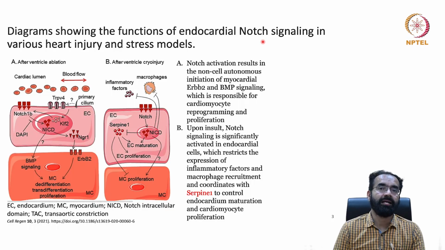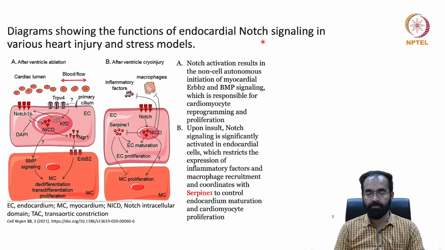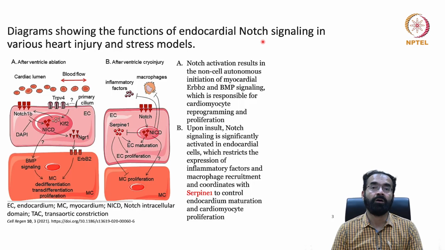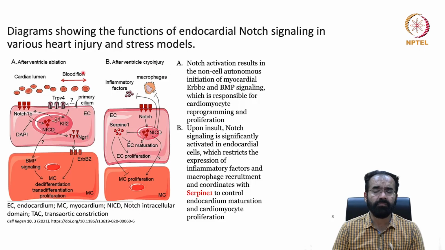If there is an ischemic heart injury, the blood supply to the heart muscles is stopped, and how the endocardium or myocardium comes into the picture and contributes to retaining homeostasis in different injury and stress models. So we can see one situation is A, that is after ventricle ablation, and B is after ventricle cryo injury.